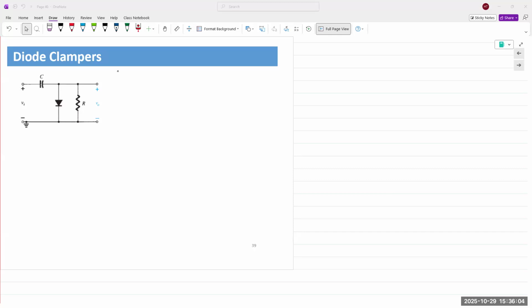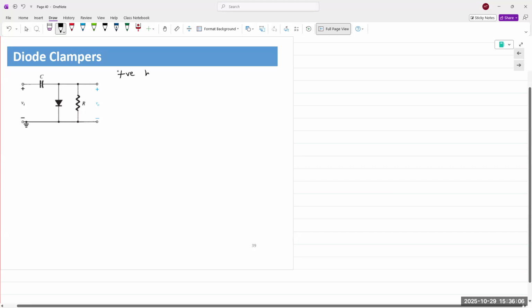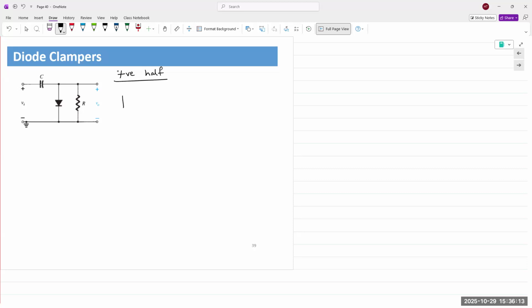Let's say we have, in the positive half cycle, we can represent the circuit like this. And the diode is going to be on.